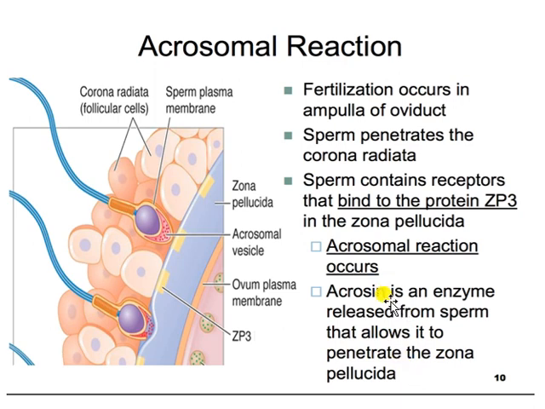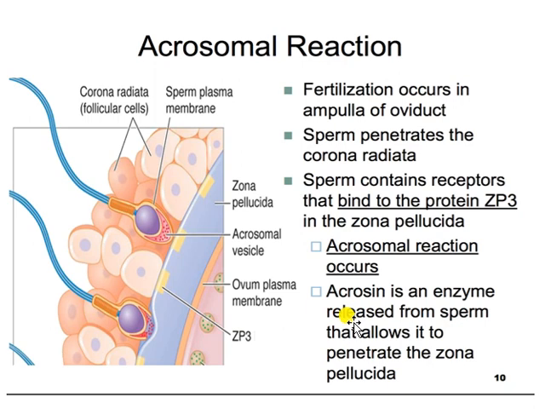Not only acrosin, but acrosomin, lysine, and various other enzymes are also released, which are exclusively responsible for degrading the zona pellucida layer. So this is the acrosomal reaction, which is required for perforating the corona radiata layer as well as the zona pellucida layer.